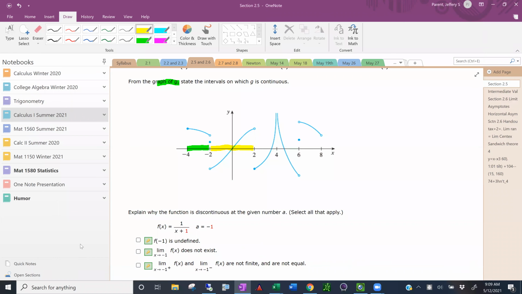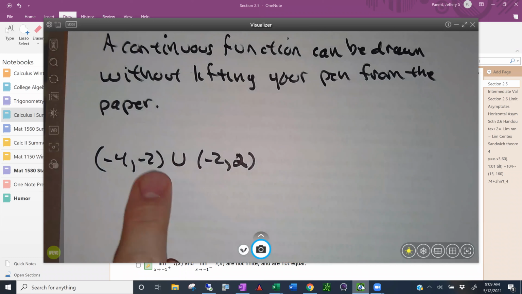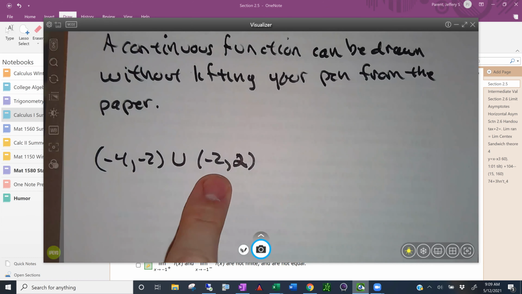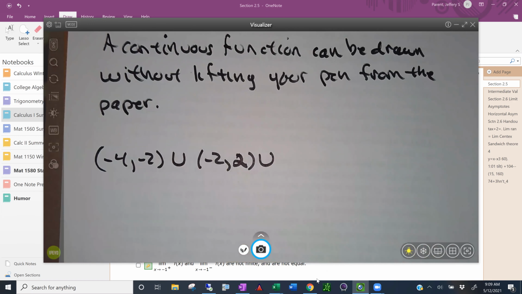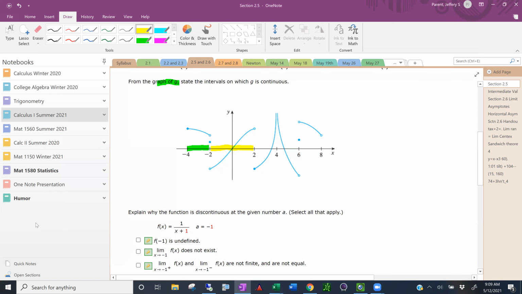Where's the next interval? Let me let you take a glimpse at what I wrote down here. I'm just keeping up with the intervals. Negative 4 to negative 2, negative 2 to 2, union. Where else is it continuous? What will be the next interval? 2 to 4. Yeah, 2 to 4. So it starts here at 2 and goes up to 4.